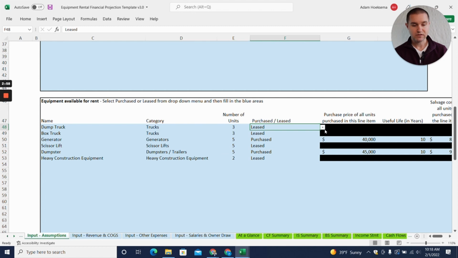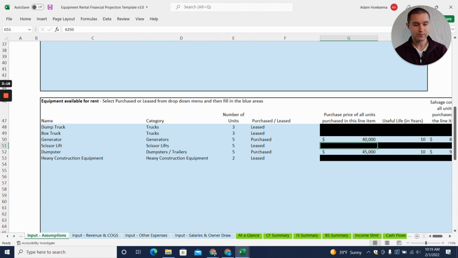In this drop down, you can either purchase these items or lease them, and I have a mix of both. Some of the trucks I'm going to lease; the generators and the dumpsters are smaller price items, so I'm going to purchase them with cash.